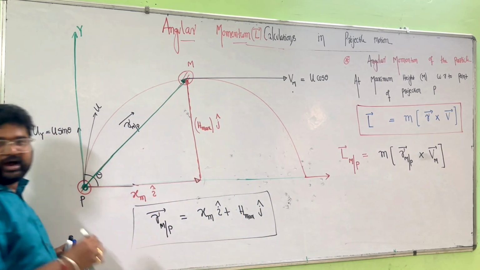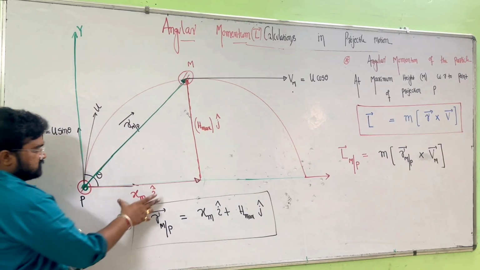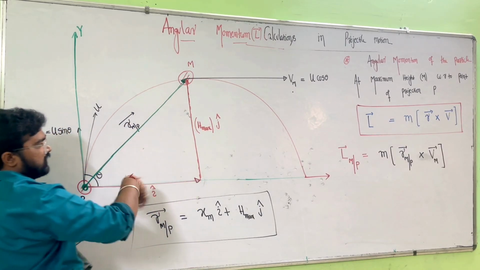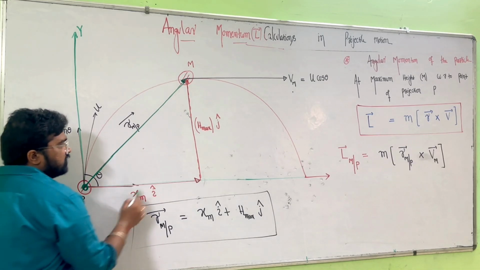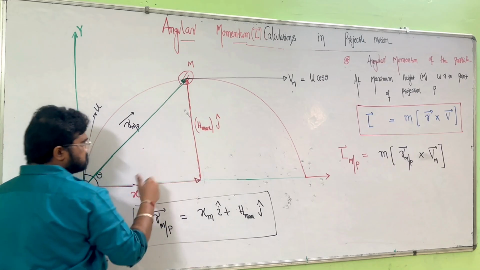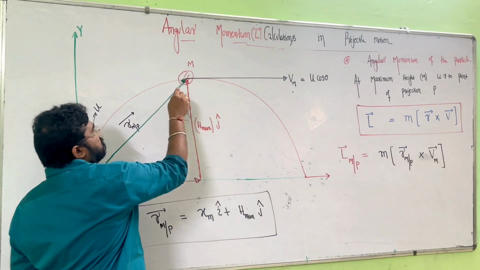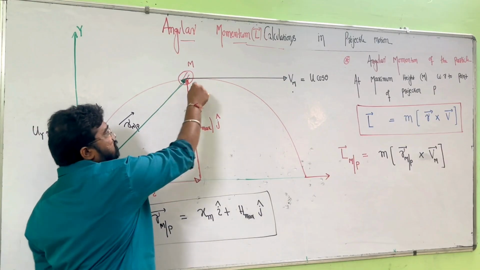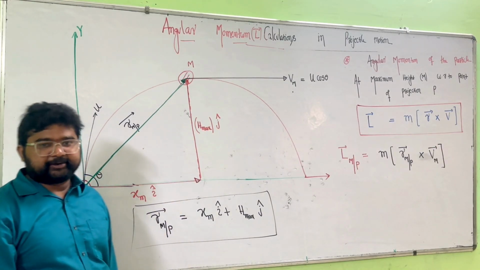Are you clear or not? Are you able to write this position vector? This is x i cap plus h j cap. Triangular law, addition of two vectors. You can add these two vectors straight away. You will get R bar, the position of the particle at maximum height with respect to the point of projection.